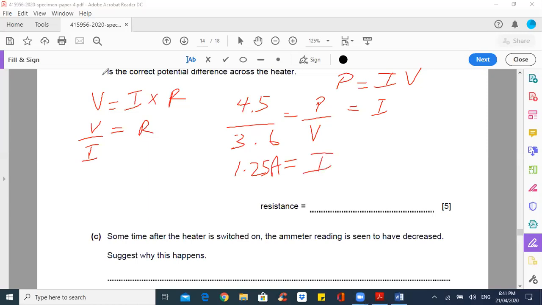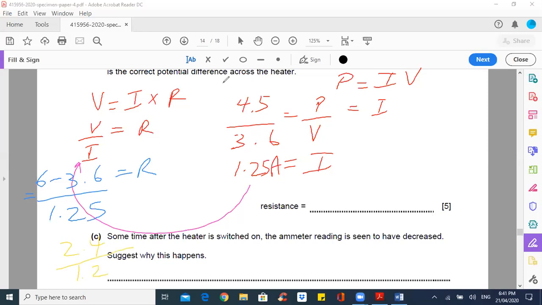So we're going to use this value now and put it in here. R is equal to V. How do we calculate that V? We say 6 minus the 3.6 volts from the heater, divided by a current which is 1.25. We get a steady value here, 2.4. Remember, 6 minus 3.6 gives 2.4. So we get 2.4 divided by 1.25.